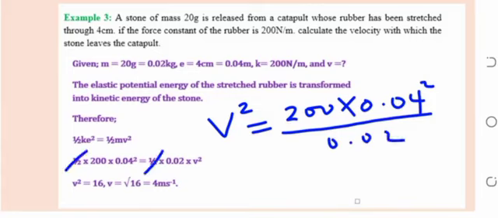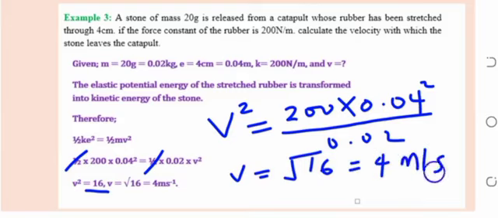Remember, we've taken these two halves away; they cancel each other out. If you press this on your calculator, you're going to arrive at 16. Finding the square root of both sides, v will be equal to the root of 16, and that is 4 meter per second.